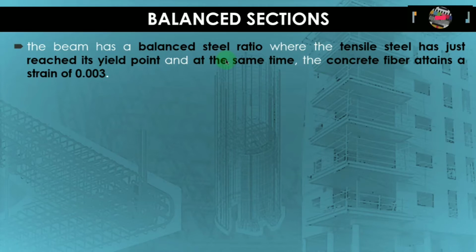So by this, makikita, no, na yung tension steel natin is nag-yield na siya, just reach its yield point, at saka simultaneously or at the same time yung concrete natin is na-reach na yung strain niya na 0.003. So ito yung section natin na makukonsider natin siya na balance section. Okay? So at the same time silang dalawa, sabay nag-yield ang steel, at the same time yung concrete fiber attains this strain of 0.003.